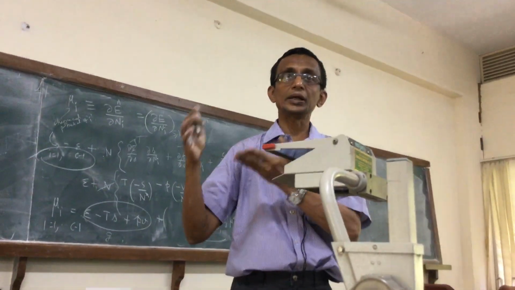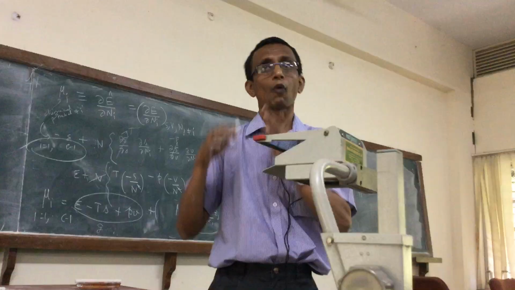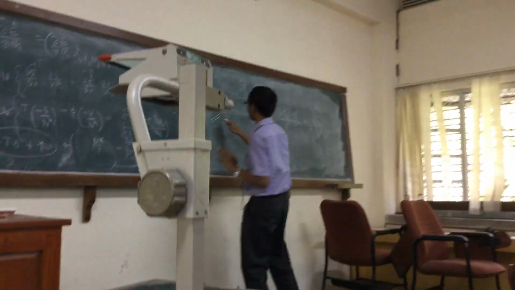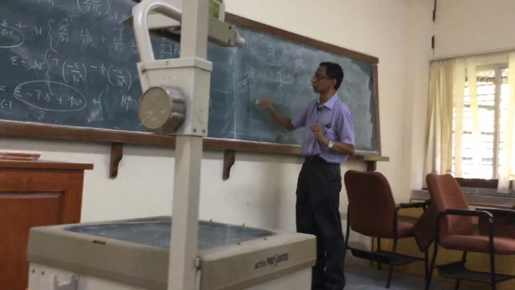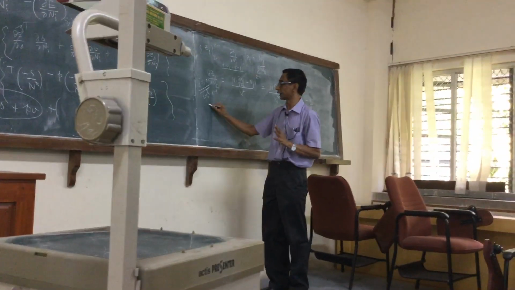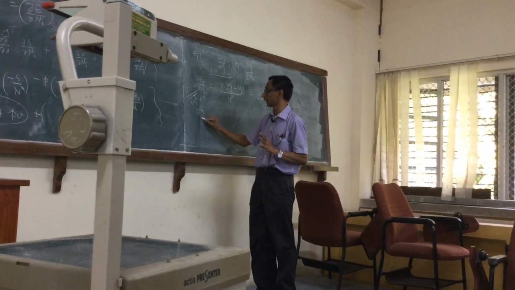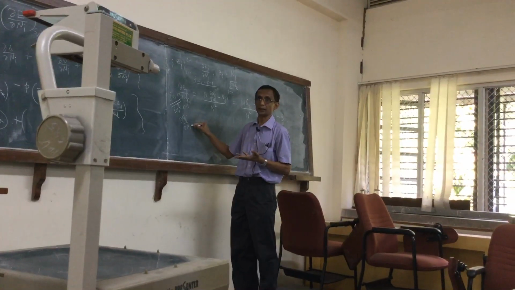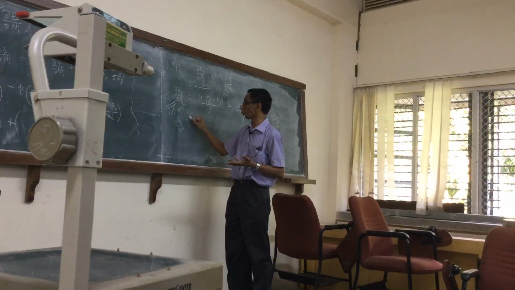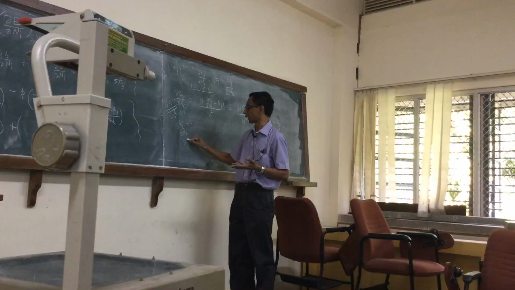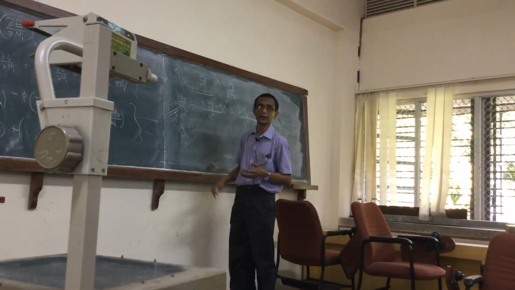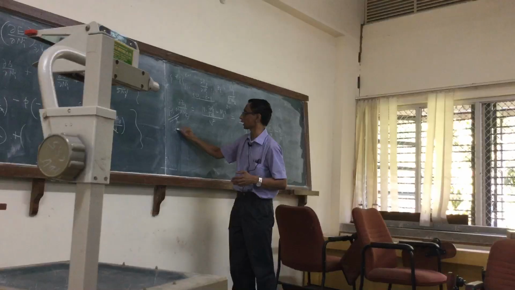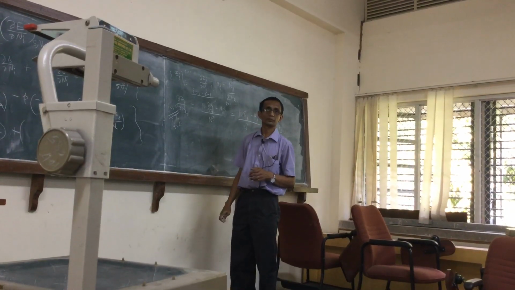That is the point, because we are restricting j to only 1 to C minus 1. J cannot be equal to C. So when I differentiate dnj with respect to dnc, whatever may be, j runs from 1 to C minus 1. I also runs from 1 to C minus 1, if I consider that. dnj by dni, if j is equal to I, which it can be, right, then you will get 1. If j is not equal to I, you will get 0. So that's why I had the delta ij. But now, j equal to 1 to C minus 1, now I consider I equal to C. Right?